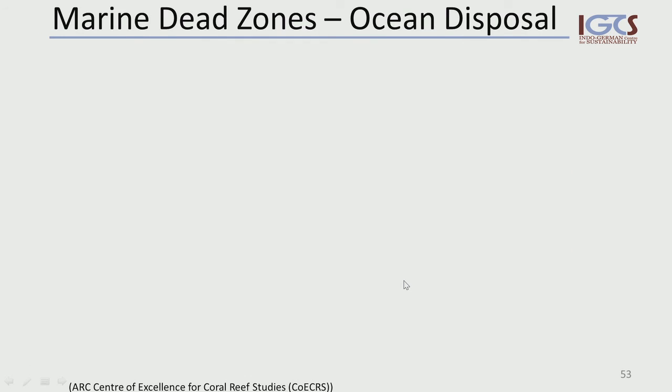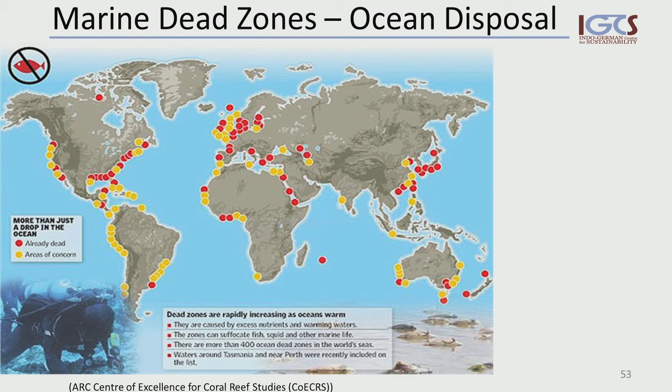Now, this is on land. When we look into our oceans, we look into a very severe situation also, into the so-called marine dead zones. This is the result of our usage of the ocean as a waste disposal, a sewage disposal area. We see here red dots and yellow dots, which indicate those marine dead zones.